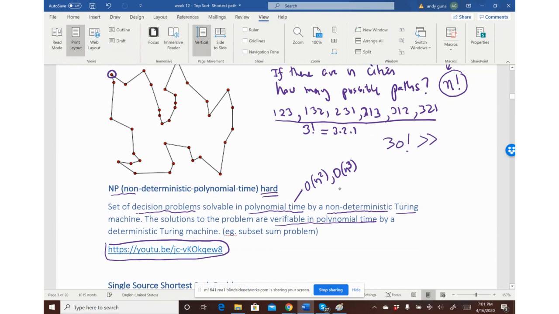So for example, the subset sum problem. In other words, given a set of numbers, let's suppose you have n numbers. Now let's take some sum, let's say bigger than n, less than, I don't know, 2n or something, right?